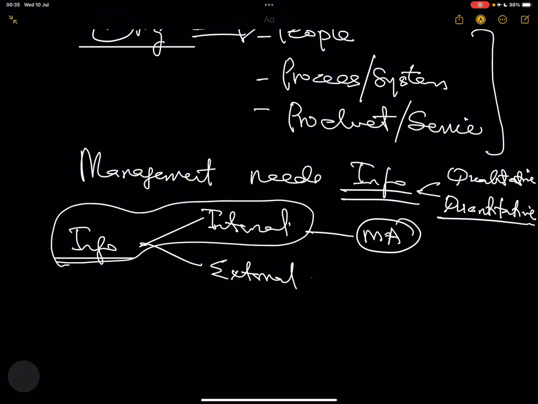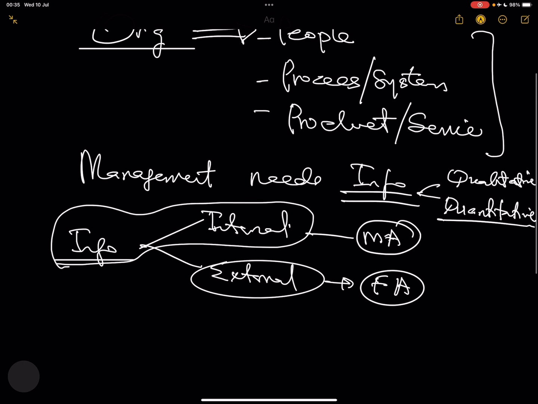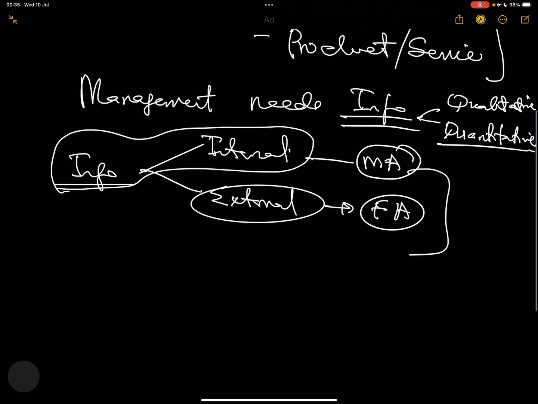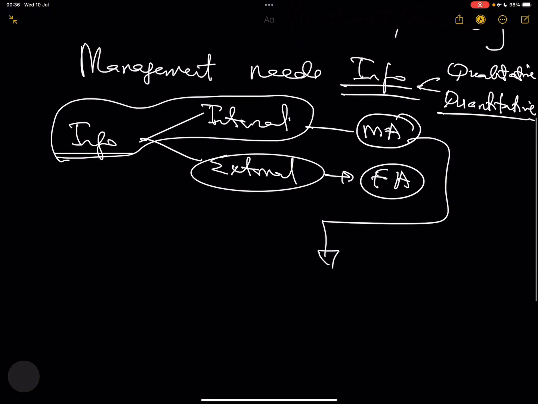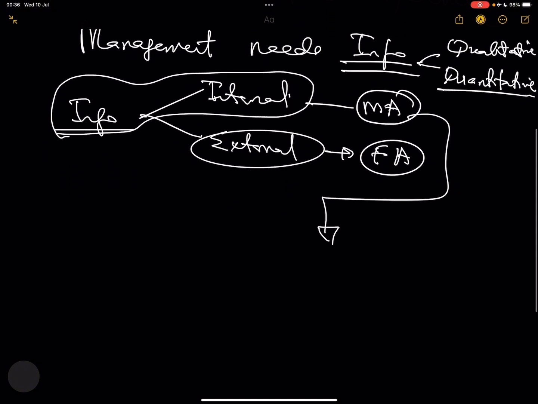And when you are preparing information for the external party, that is what you will cover in financial accounting. So my focus for MA definitely will be the information for the internal party, which is for the inward use. So the focus is on inward use.